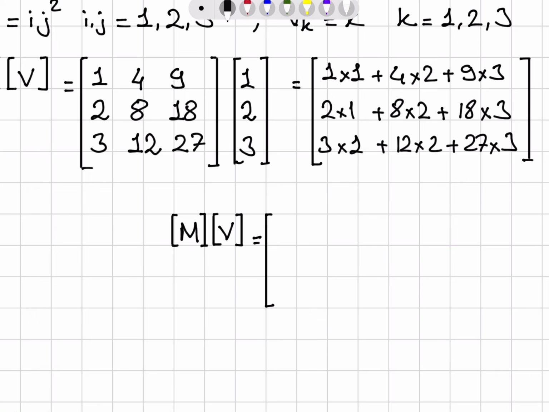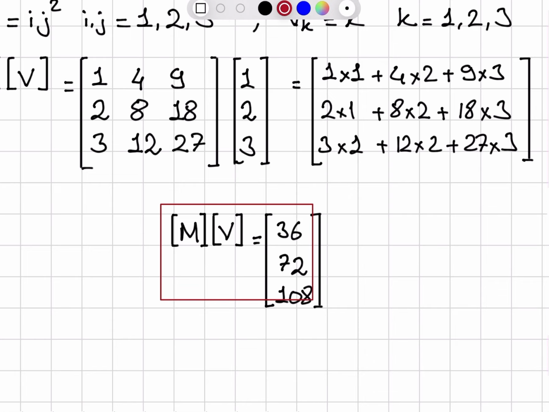The first element is 1 plus 8 plus 27, 36. Then I have 2 plus 16 plus 54, that is 72. And 3 plus 24 plus 81, that will give us 108. So this will be our answer to part A of the problem.